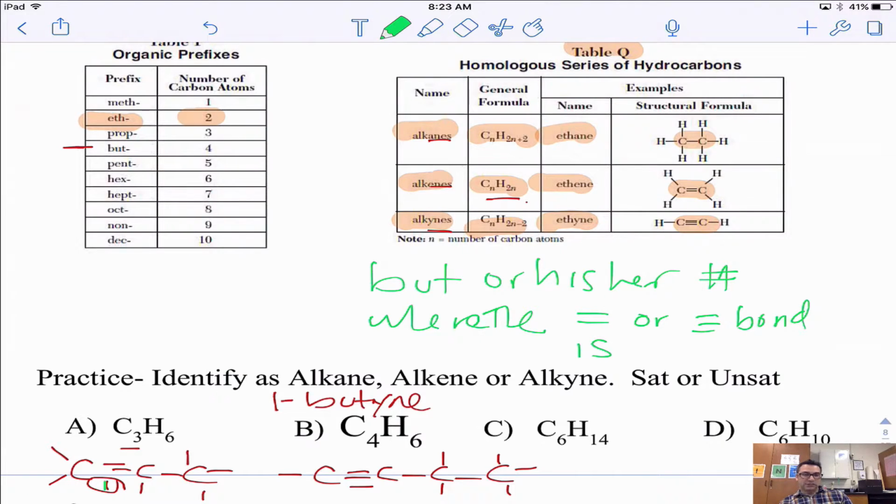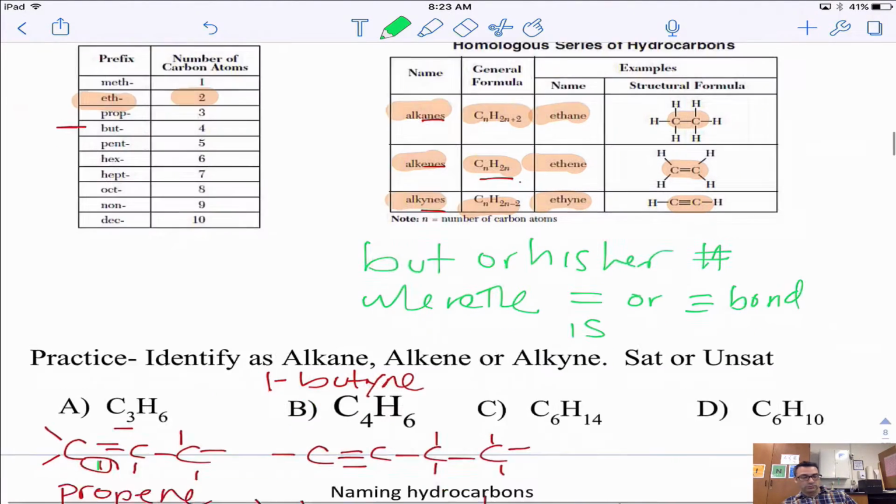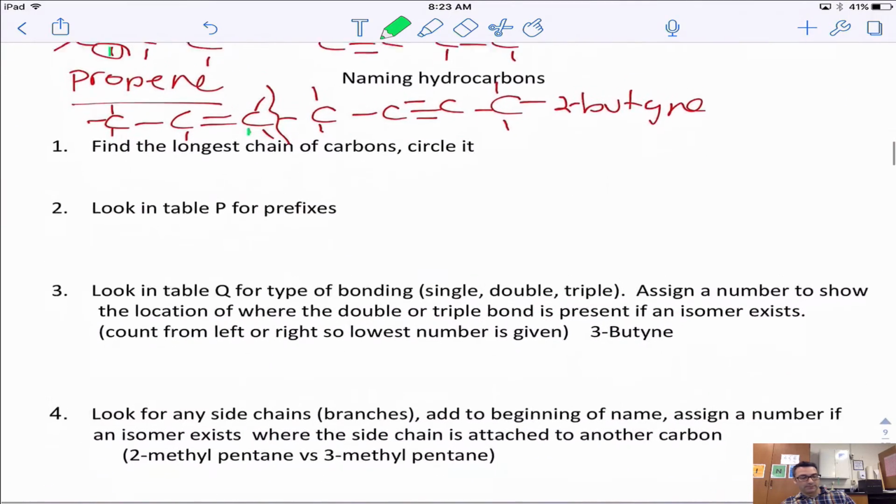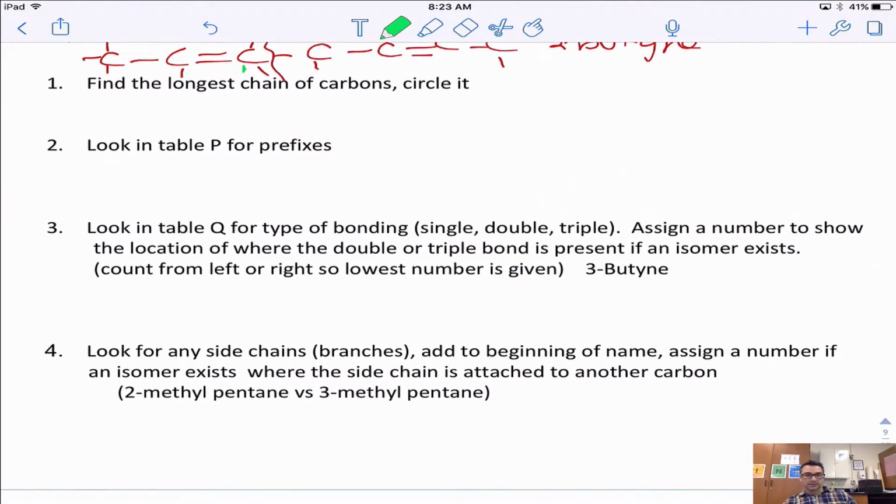Now you might be anxious for getting steps to name compounds, and let me show you some steps and how this would work out. The steps are, we can outline them here. Find the longest chain of carbons and circle it. Now this you have to be careful with because I can make the longest chain look like this. Very straightforward. Or I can make the longest chain look like this.